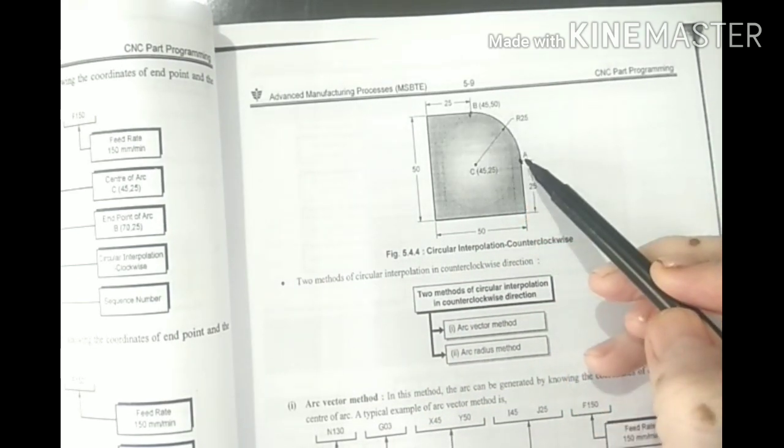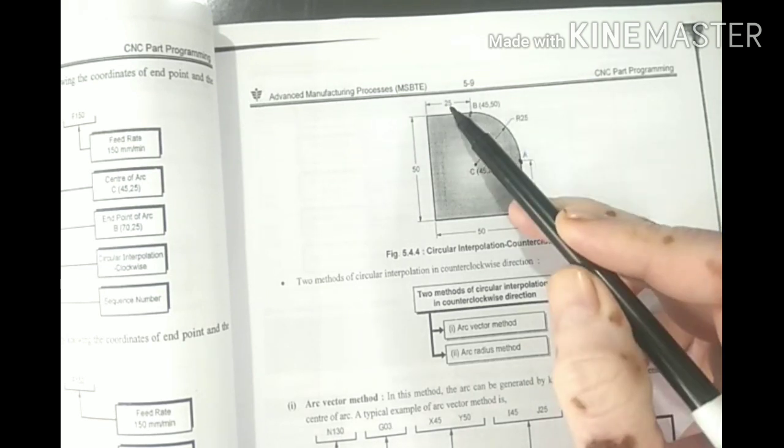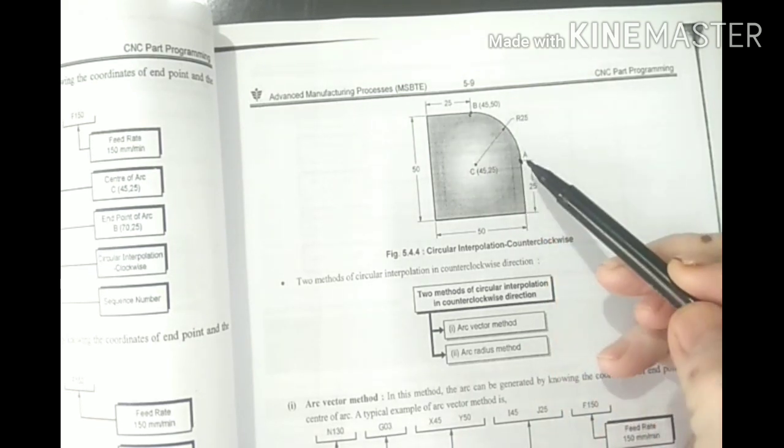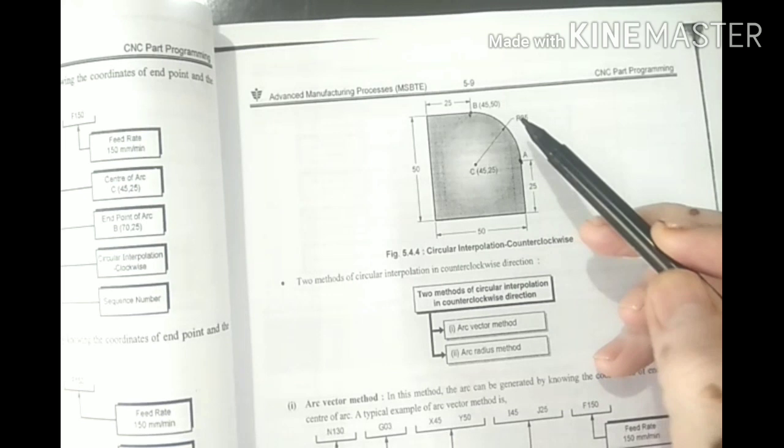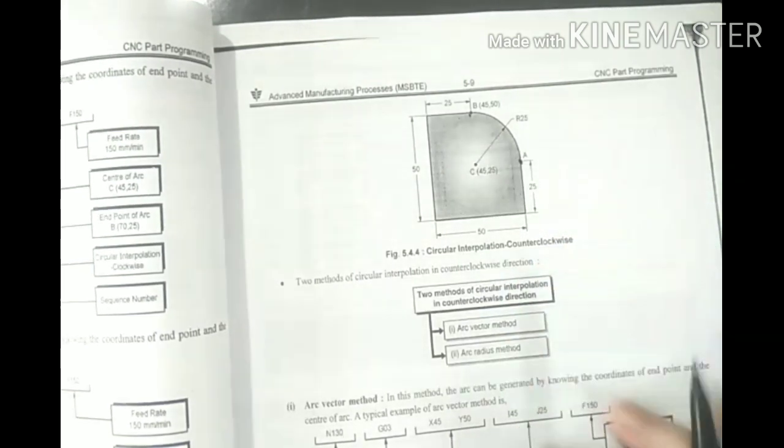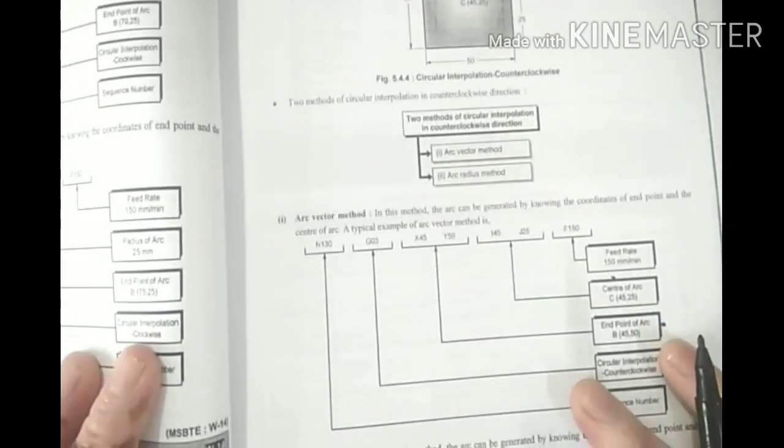So since the tool motion is in anti-clockwise direction, obviously there are two methods. One is the arc vector method and the other is the radius method, just as we have seen previously.